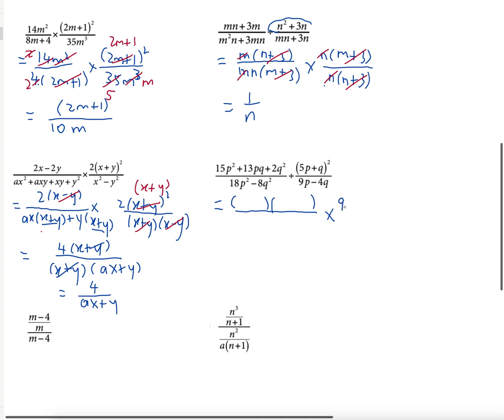So it's a 9p minus 4q, and in the denominator is 5p plus q squared. Here we have 2 is common, and then this is 9p squared minus 4, 2 times 4, 2 times 9, q squared.